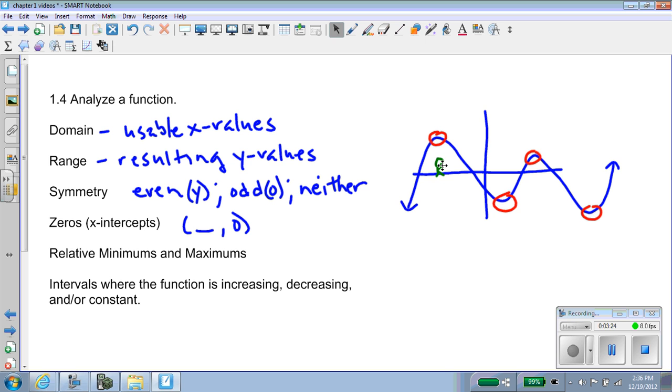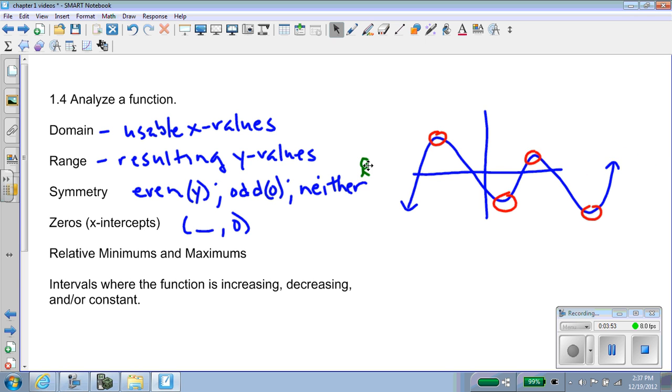It's increasing. From here until I get to about here, the ride is decreasing. From here until about here, the ride is increasing. From here until about here, woo, the ride is decreasing. And then from here, forever forward, it is increasing.